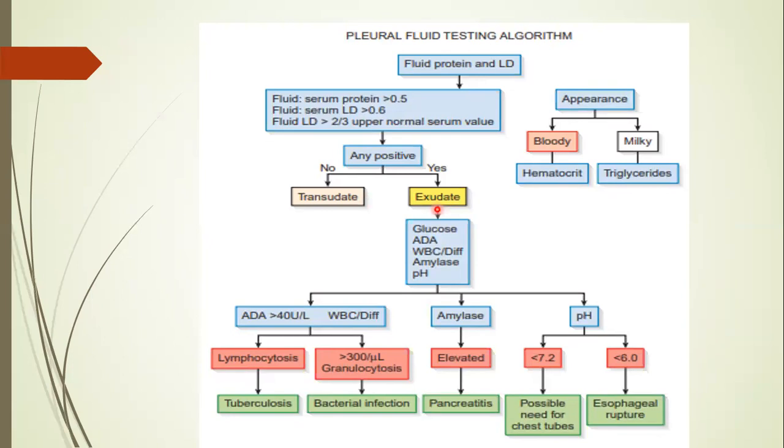Then you can perform, again, I mentioned supportive or addendum tests, which I have mentioned a while ago. And any abnormalities of these tests will tell us the etiology of that particular effusion. So if there is an elevated amylase level, it may be seen in pancreatitis.